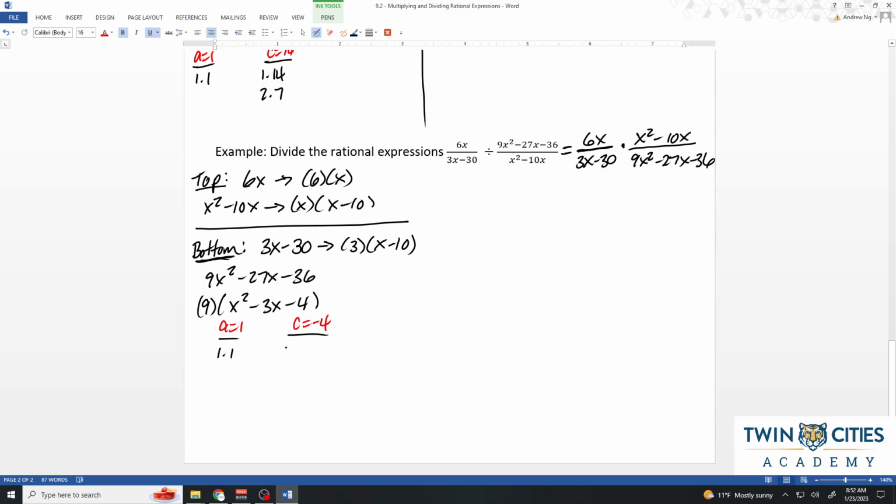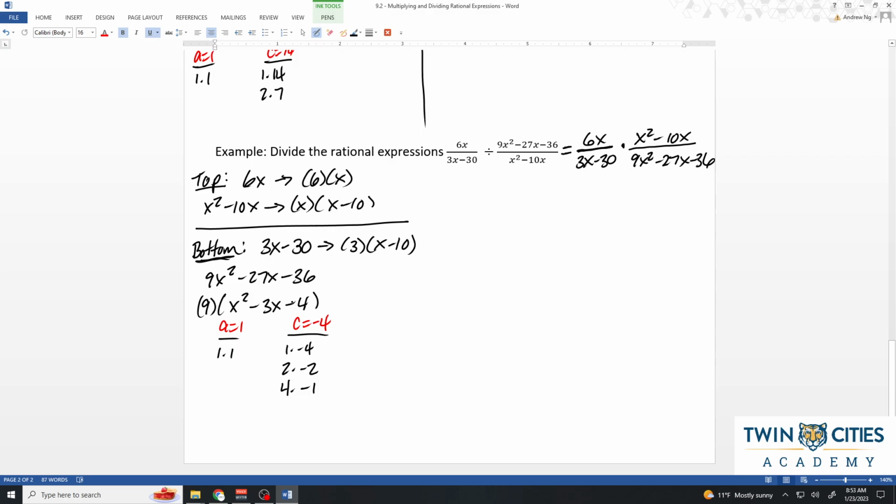For negative 4, I've got 1 times negative 4, 2 times negative 2, and then should also do 4 times negative 1. Okay, let's see.